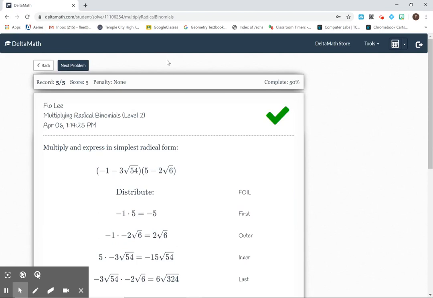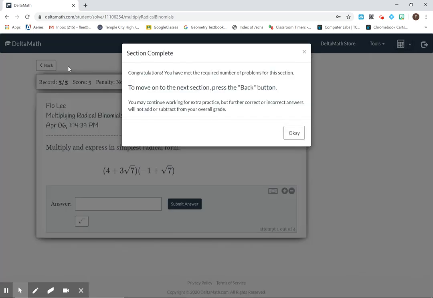Okay, so I went through and did all 5 of my problems. When I'm done with the last problem, I hit next problem, and this pop-up appears. And some of you guys clicked through this thing and didn't bother reading it. So I would like for you to read any of the pop-ups that appear. So check this out. It says, congratulations, you've met the required number of problems for this section.